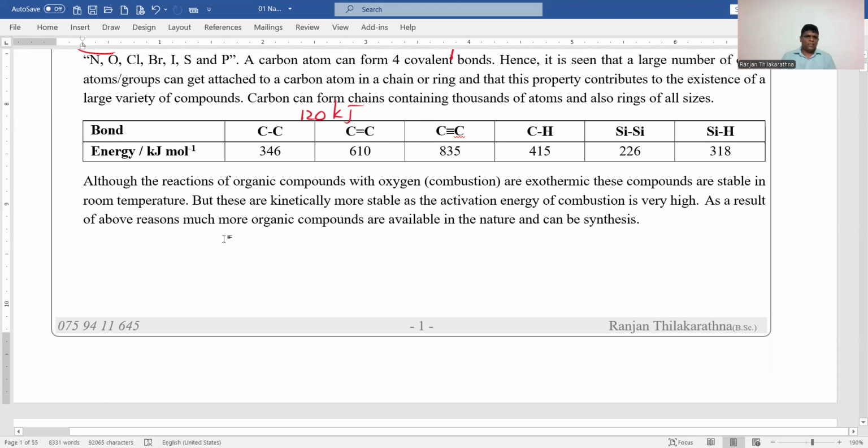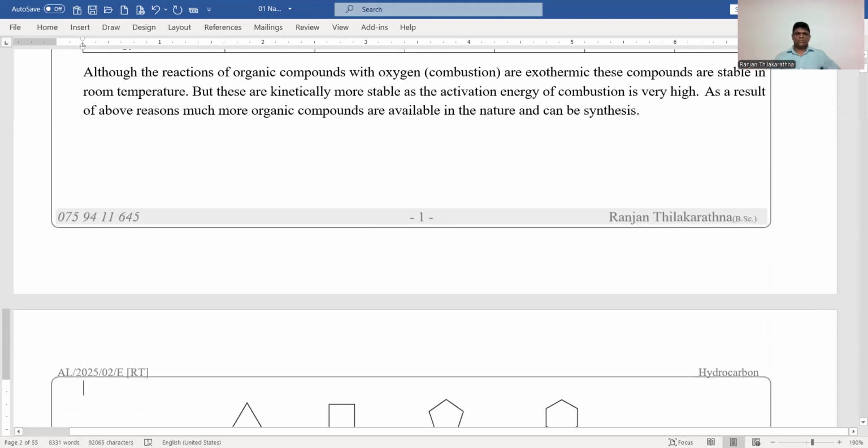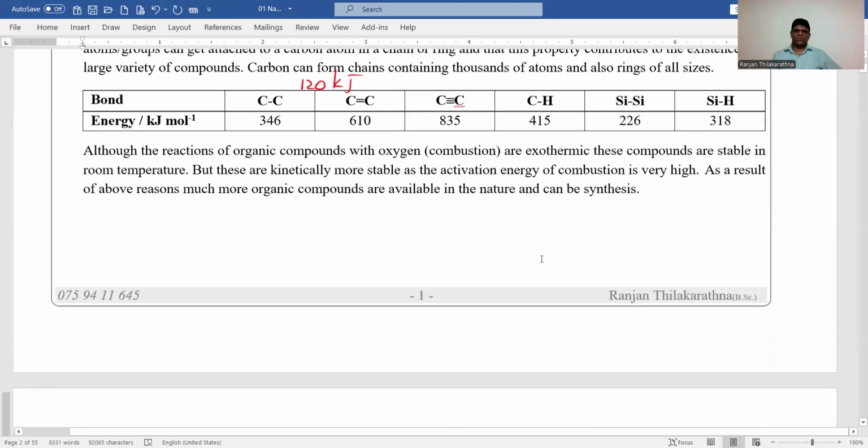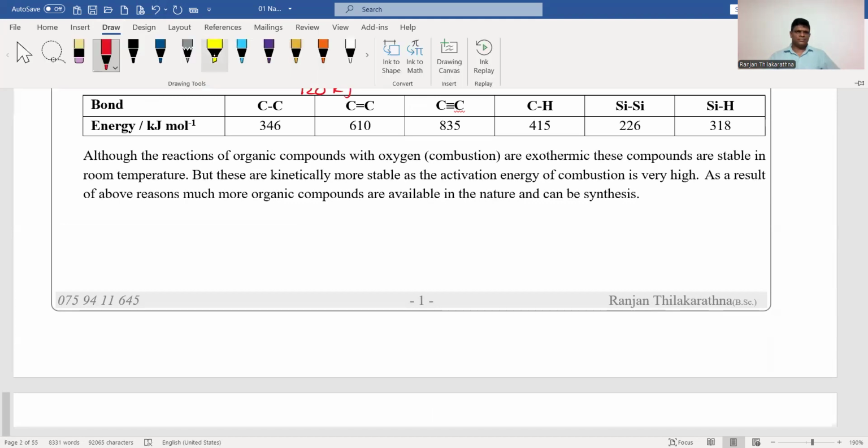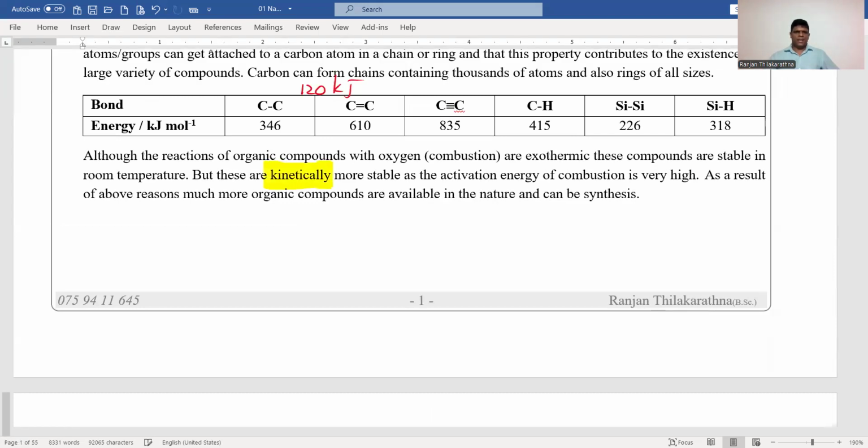And also, a compound must be stable in two ways. One is thermodynamically, and the other is kinetically. It must be stable kinetically and also thermodynamically.